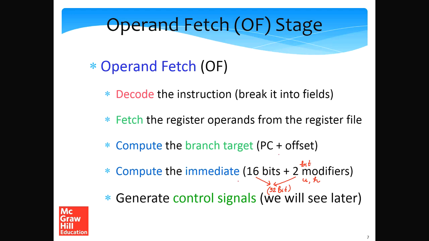The default behavior is to extend the sign, but we can override this default with the U and H modifiers in the instruction. Finally, we also need to generate control signals, but we shall see that later. The main aim of the OF stage is thus to understand the instruction, fetch the operands, and compute the 32-bit branch target and immediate after taking the immediate modifiers into account.